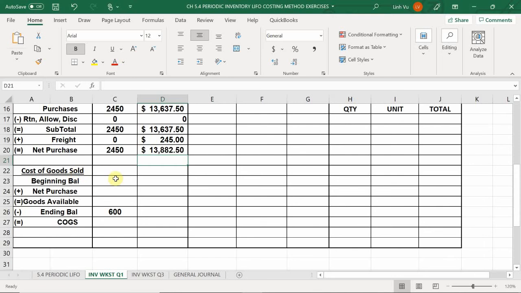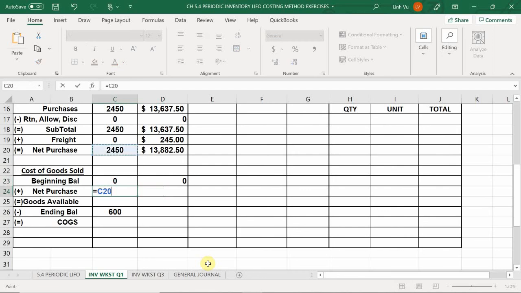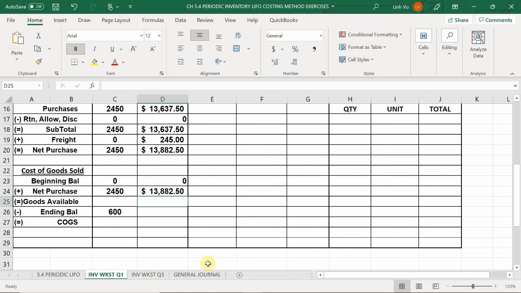Especially when we don't have any beginning inventory, we're going to carry our values down from our net purchases. If we add 0 to our net purchases, the net purchases becomes the goods available. Now we need to calculate our ending balance, because we're given that 600 units were left on hand.